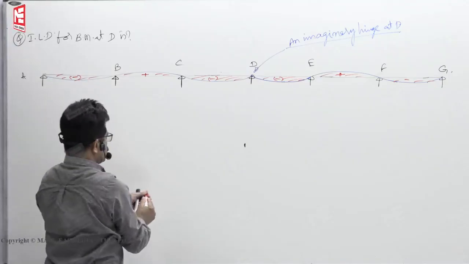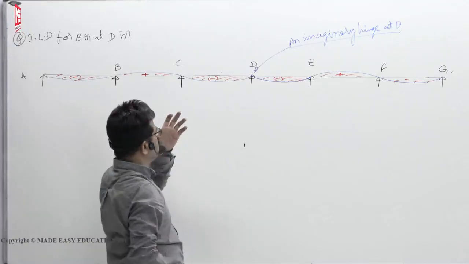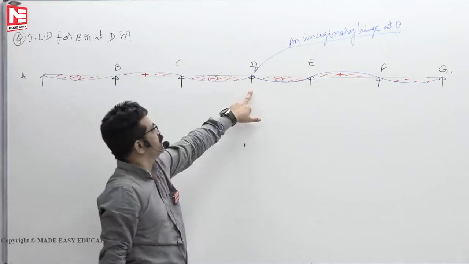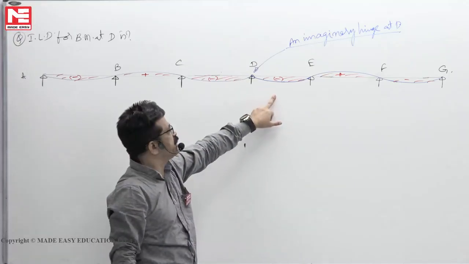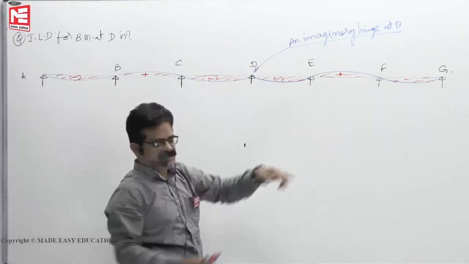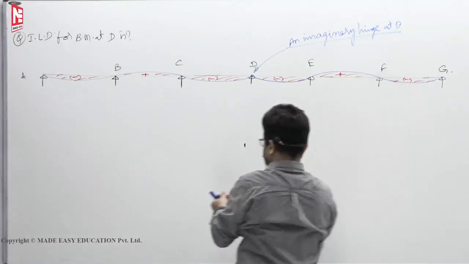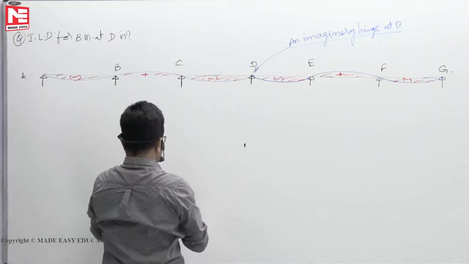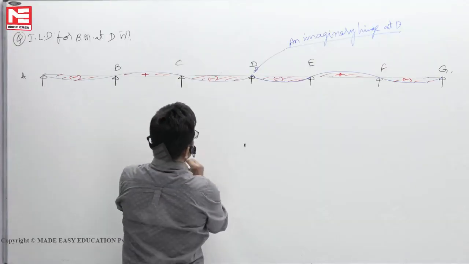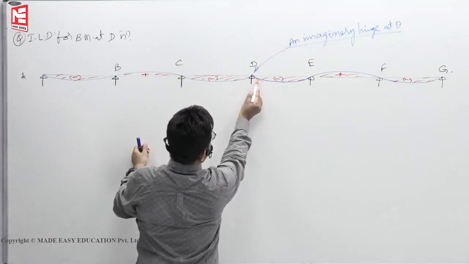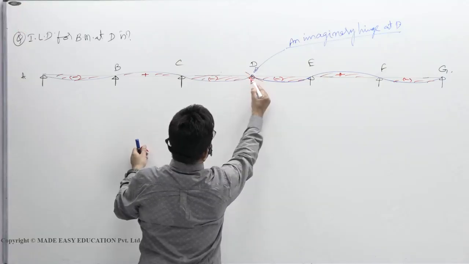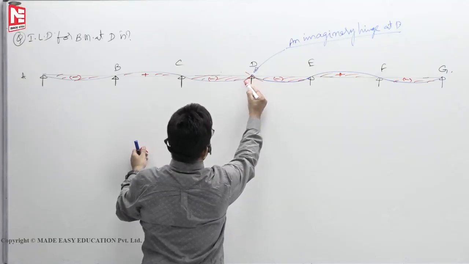Minus. Now you see, if you want to get maximum negative bending moment at D, load adjacent spans and alternate spans. Then you will get maximum negative bending moment at D. Then unit rotation means here you drop a tangent, here also you drop a tangent.